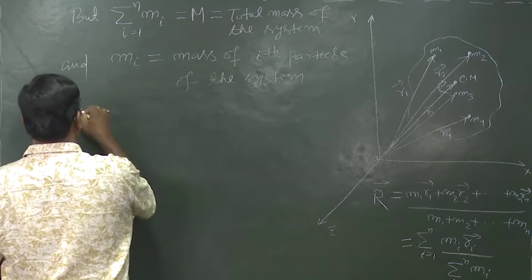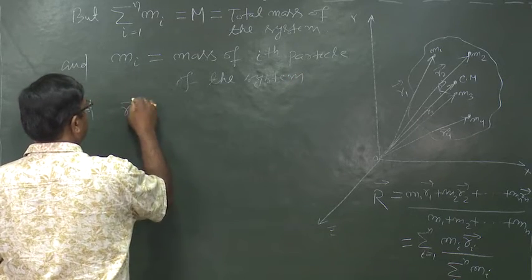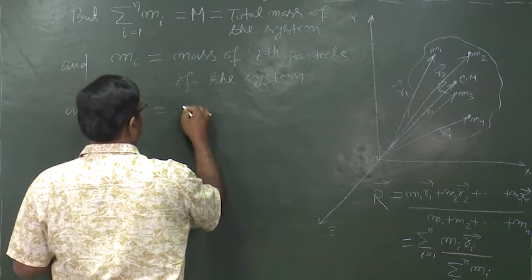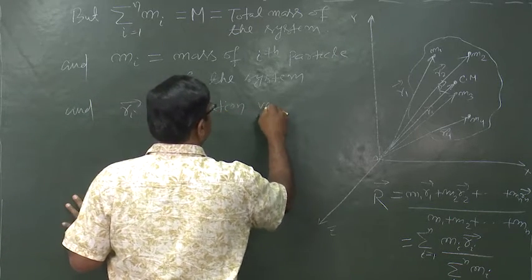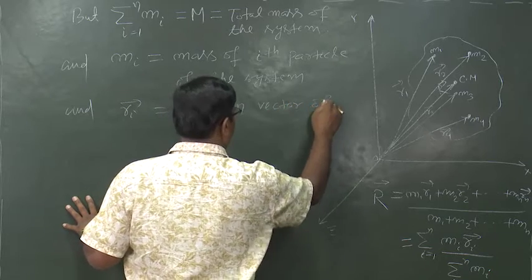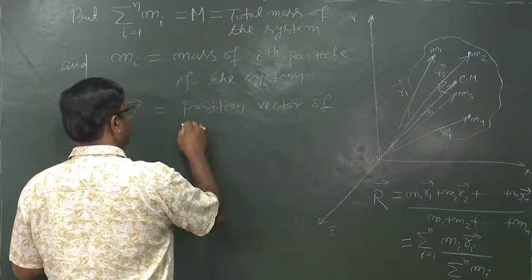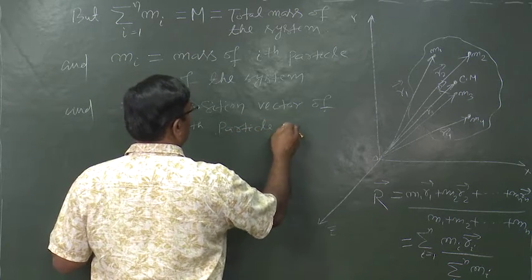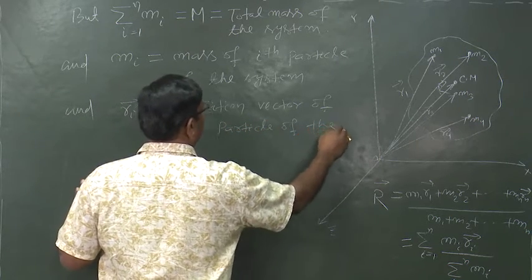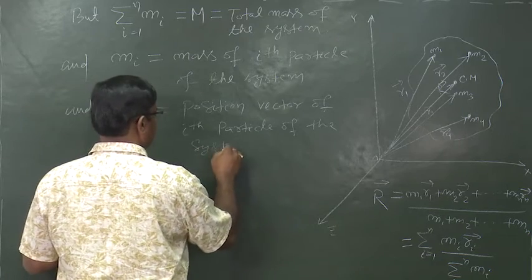and ri is equal to the position vector of the ith particle of the system.